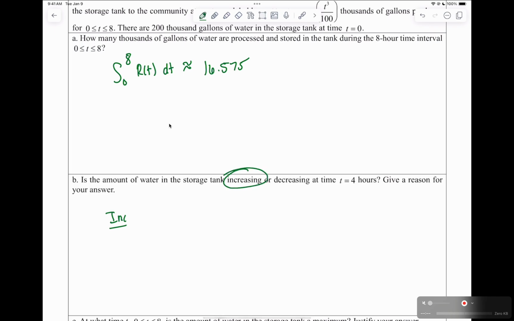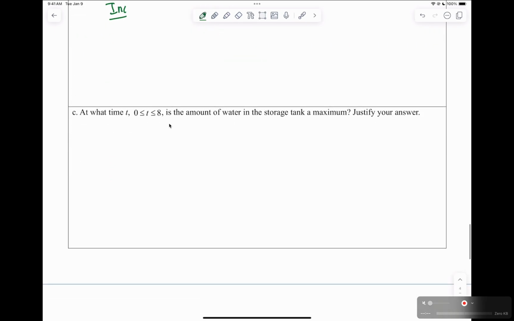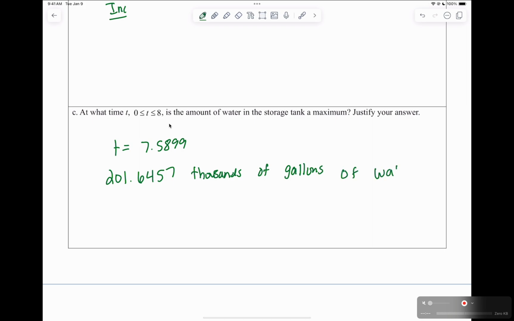Figure out y. For part C, this is going to be t being 7.5899, and this is going to be 201.6457 thousands of gallons of water.